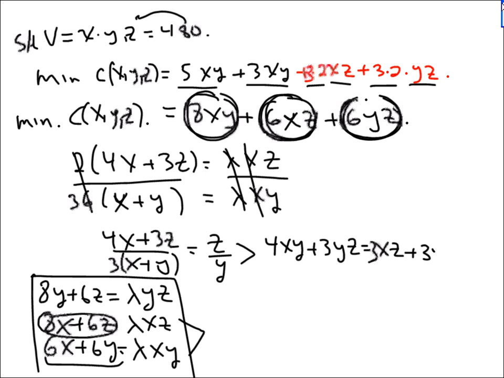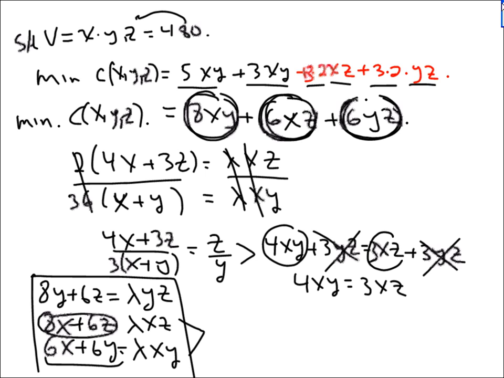And coincidentally, this 3yz is on both sides. So this tells me that 4xy is equal to 3xz. I can divide both sides by x, and I get 4y is 3z.